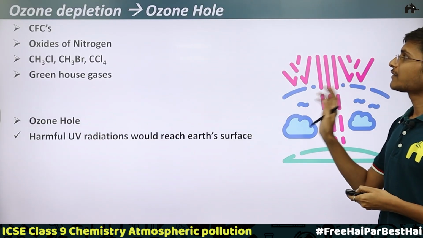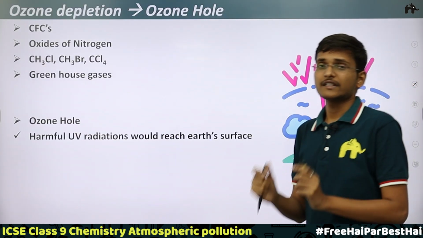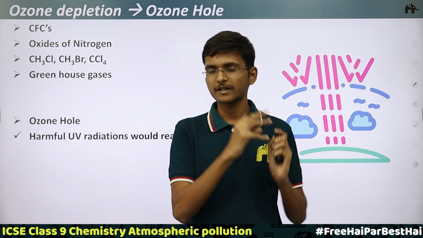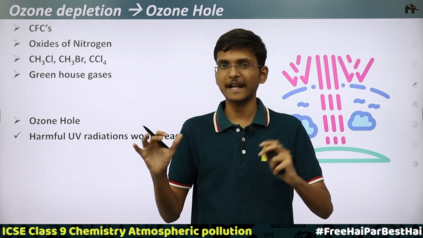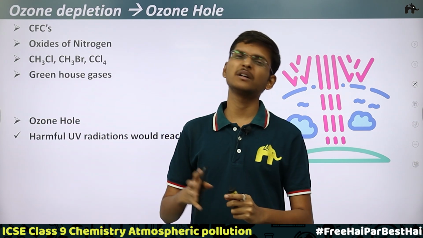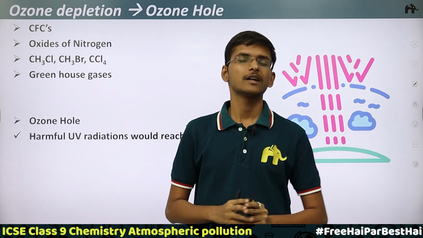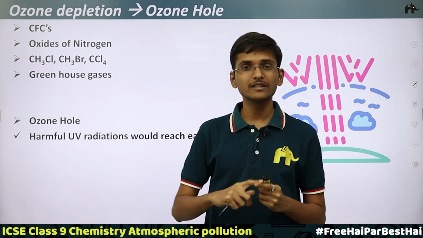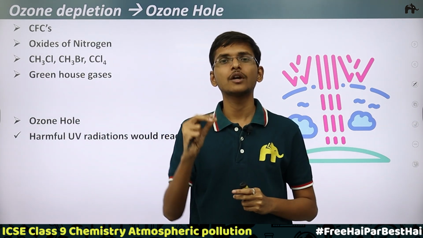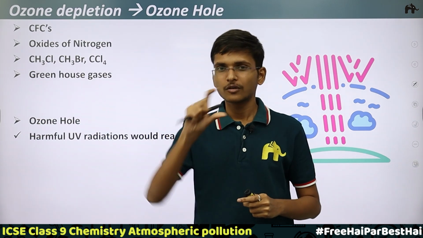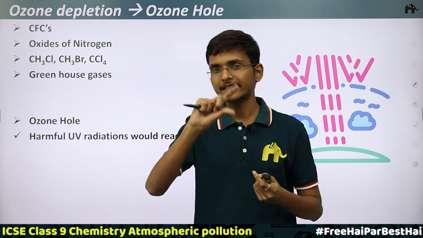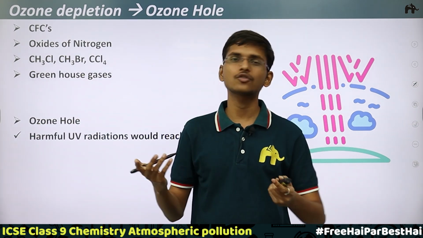Now apart from this, we are facing some problem. Because this ozone layer which is present around the earth, which is acting as a blanket protecting us from the UV radiations, is being tampered with by chemicals. Now which chemicals are causing this ozone layer to get lesser and lesser, or reduce its amount?